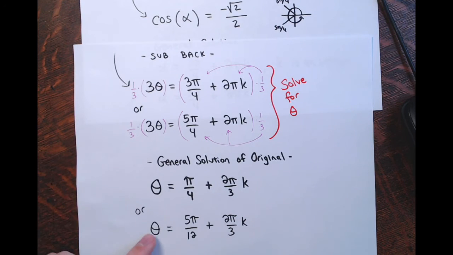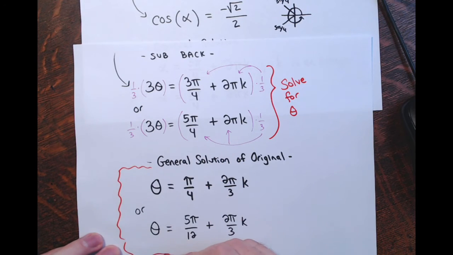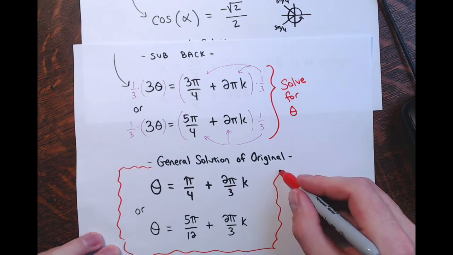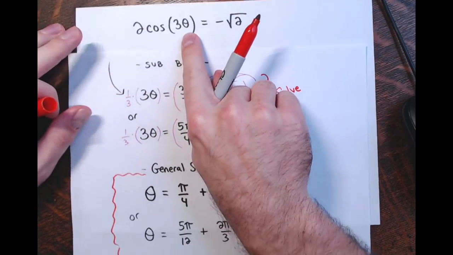So another set of solutions we could get for this equation is 5 pi over 12 plus any multiple of 2 pi over 3. So I'll put this in a box. This is a description of all the infinitely many solutions to our original equation in theta.